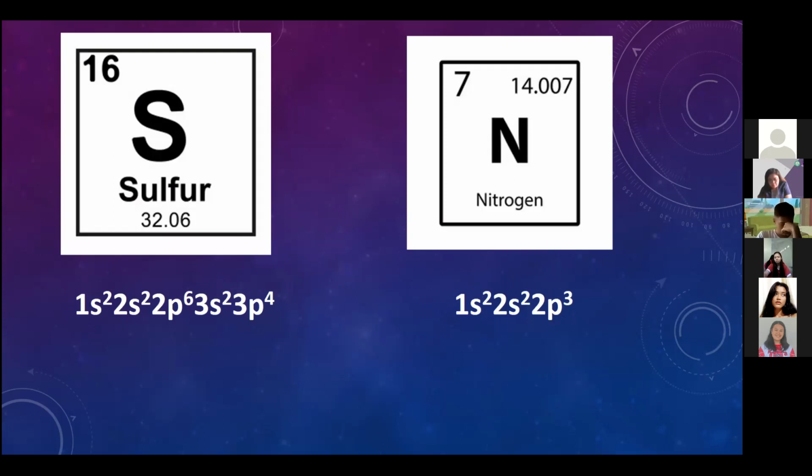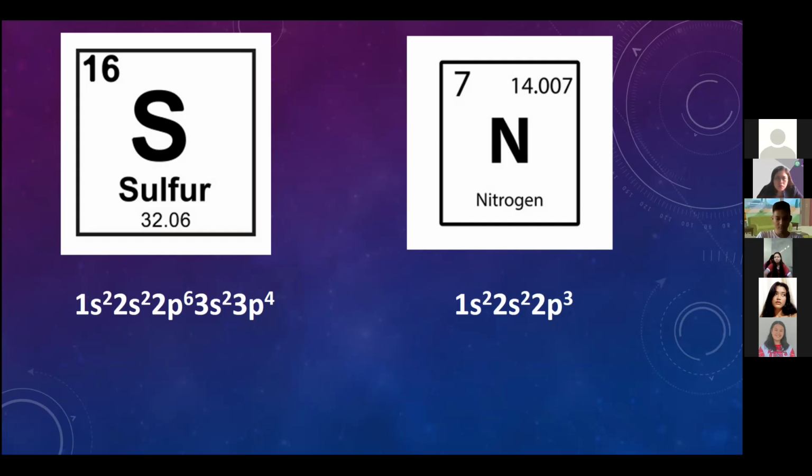As per the Aufbau principle, two of these electrons are present in the 1s subshell, 8 of them are present in the 2s and 2p subshells, and the remaining are distributed in the 3s and 3p subshells. Therefore, the electron configuration of sulfur can be written as 1s2, 2s2, 2p6, 3s2, and 3p4. As you can see, it starts with lowest energy to higher energy.